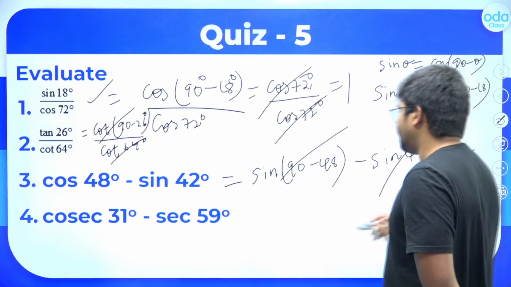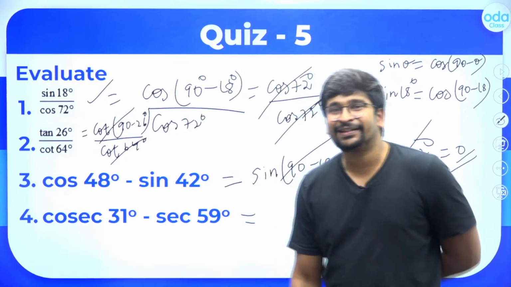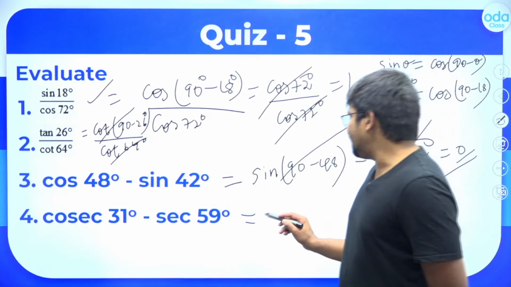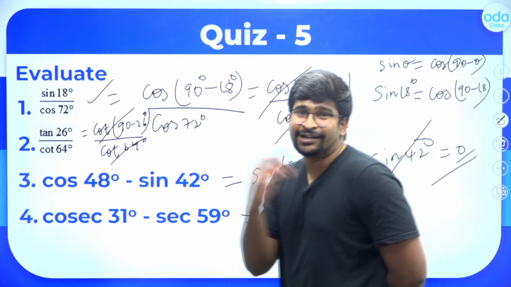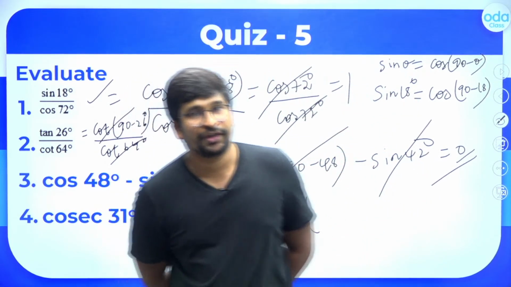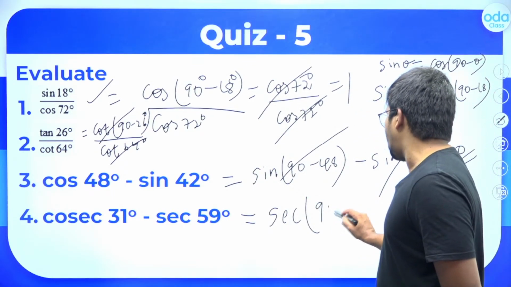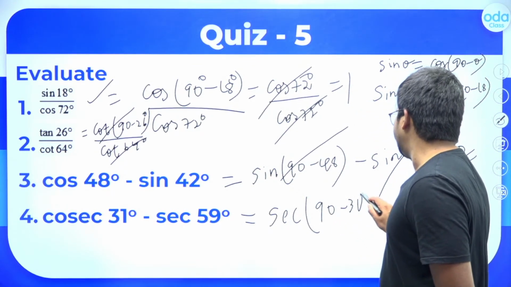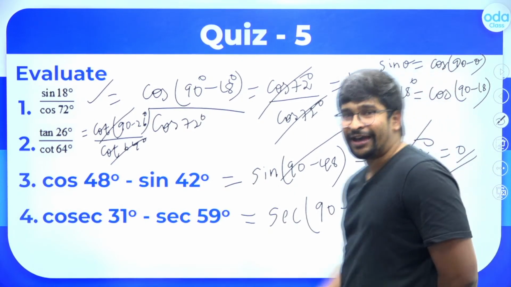Again over here, cosec 31 degree minus sec 59 degree. Cosec 31 degree, can I write it as sec of, you know that cosec and sec are also complementary ratios, right? So cosec theta is sec 90 minus theta, which is sec of 90 minus 31 degree minus sec of 59 degree. This is what you have.